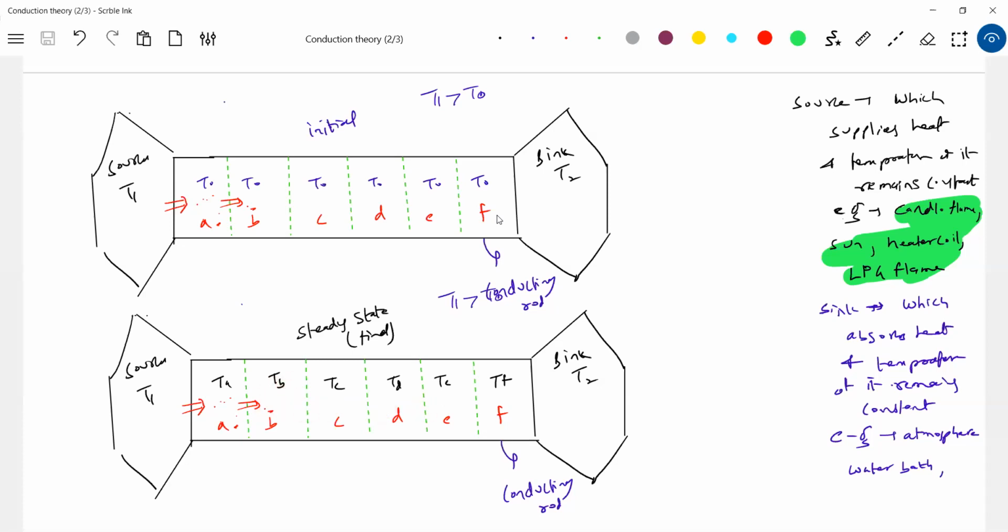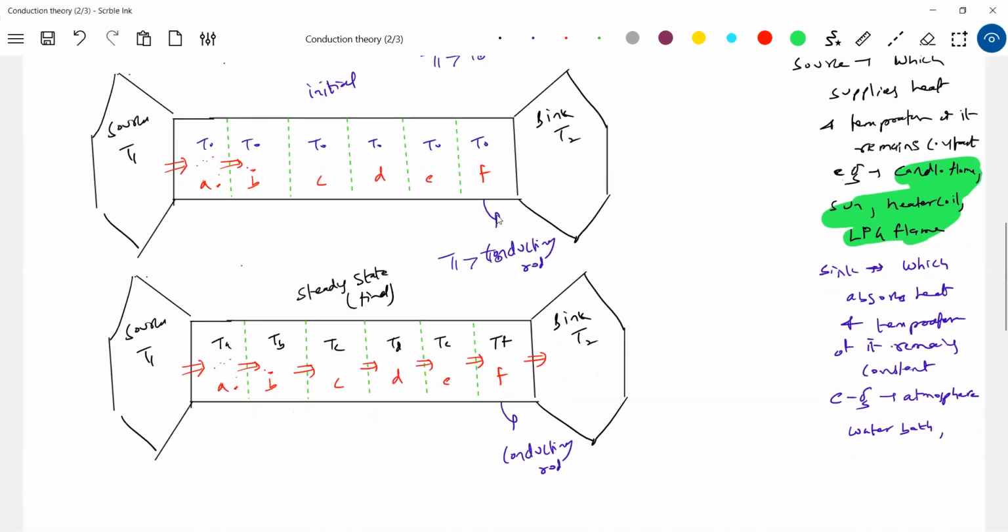What we are going to discuss is this particular steady state. And like that, the heat will flow from source to sink through the rod. What about these temperatures?